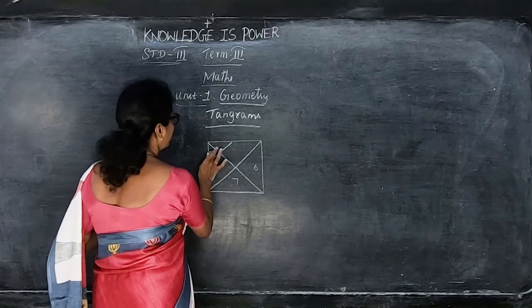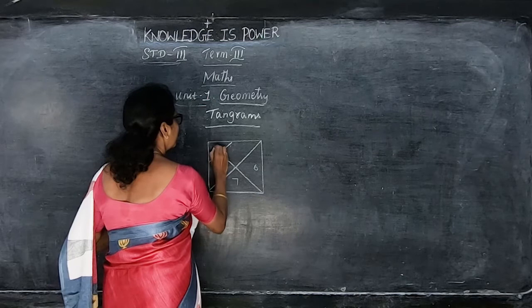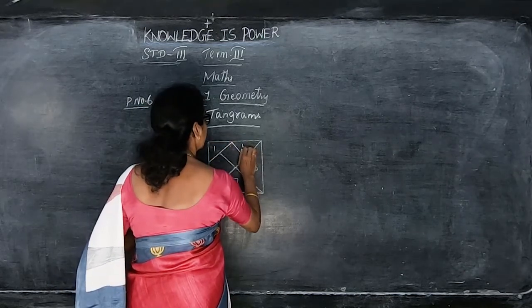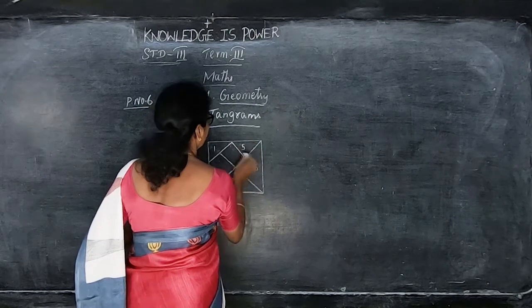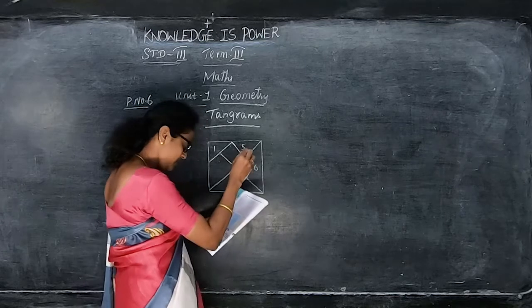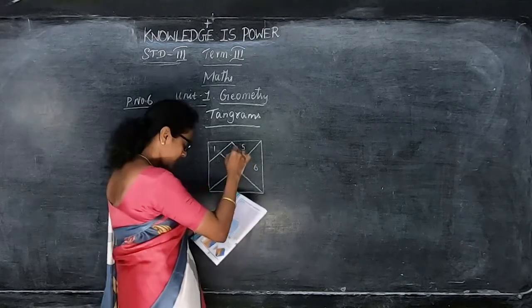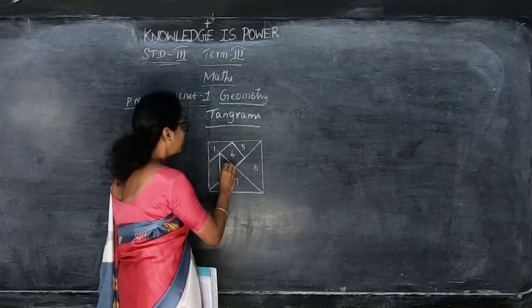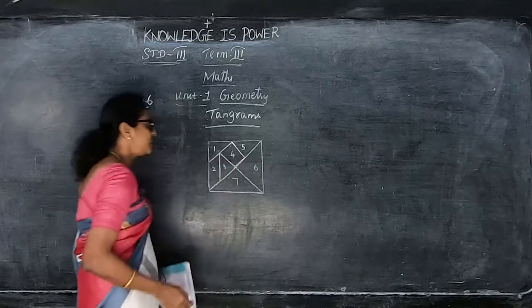Okay, so in the center line this is one triangle, this is number 1, and here one triangle will come, this is number 5, and here the diamond shape will come. So this is 4, and you cut these pieces into a triangle, and this is 2. These are the 7 pieces.